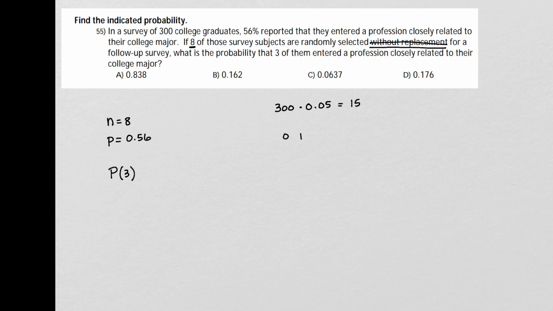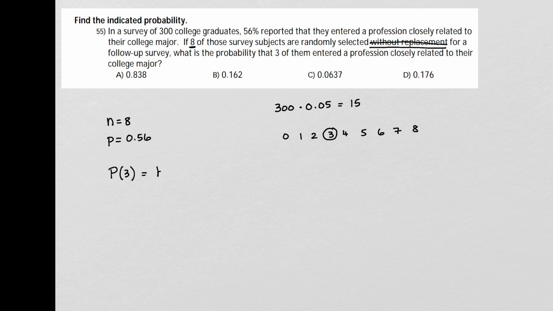So again, if I look at the possibilities, 0, 1, 2, 3, 4, 5, 6, 7, 8. In this case, I only want this one individual value. I want to know what is the probability of getting exactly 3.